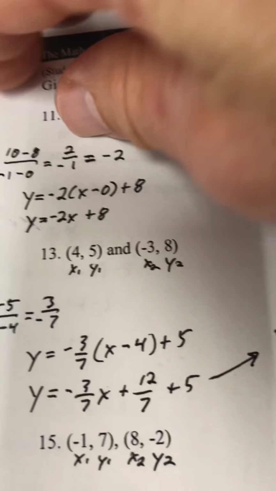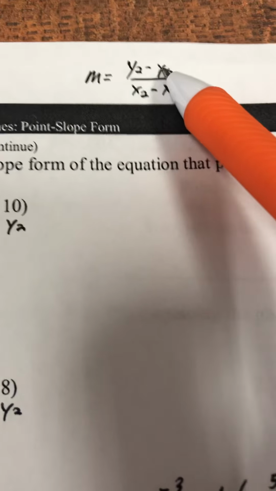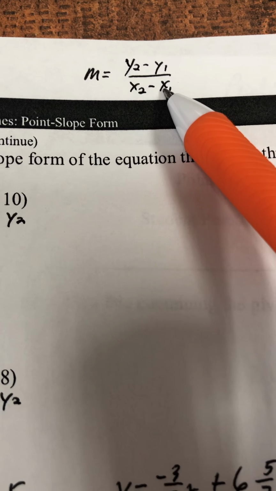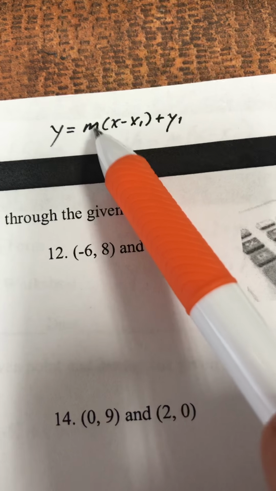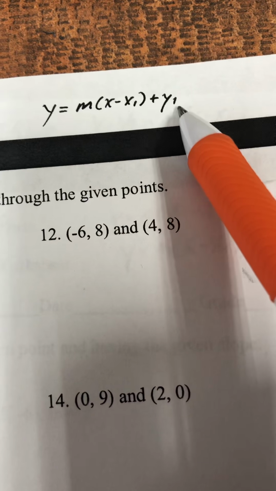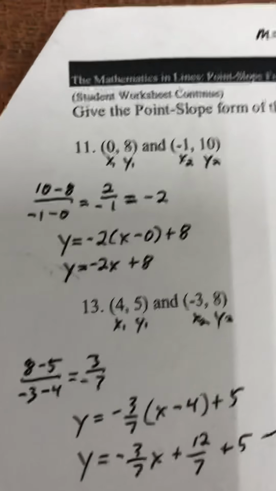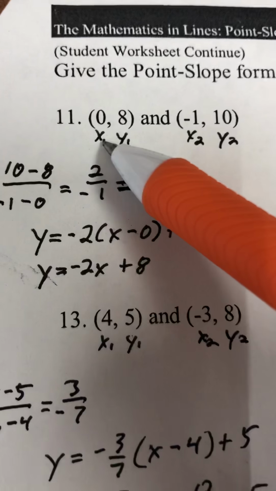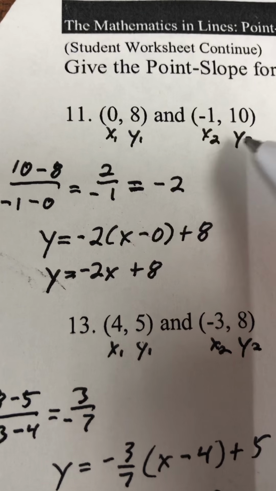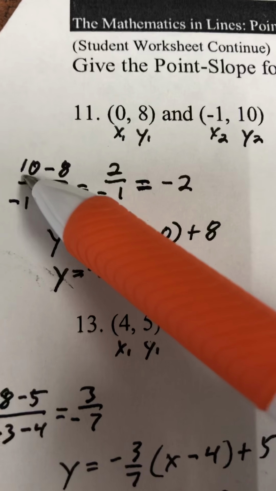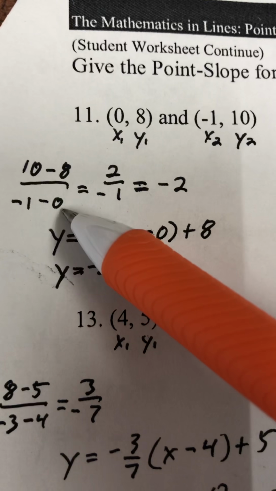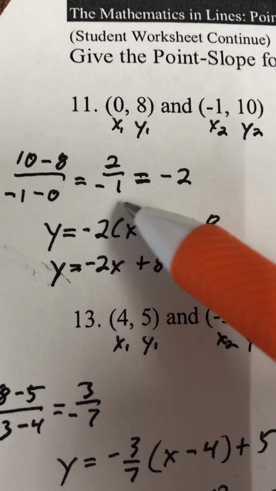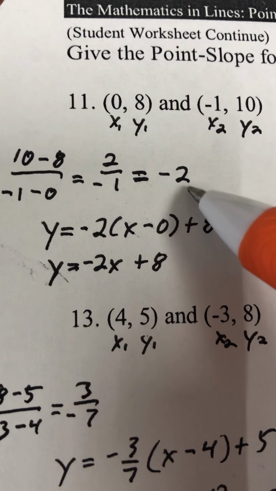Okay, for the other page, you are going to have to use this formula first to find the slope. Once you find your m, your slope goes right here, and then you have your x1 and your y1, okay? So here we go. I label it all the time: x1, y1, x2, y2. I use that slope formula, y2 minus y1 over x2 minus x1, and I get 2 over negative 1, which is negative 2.